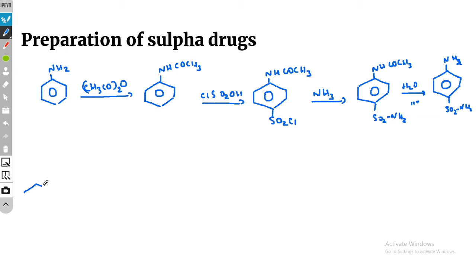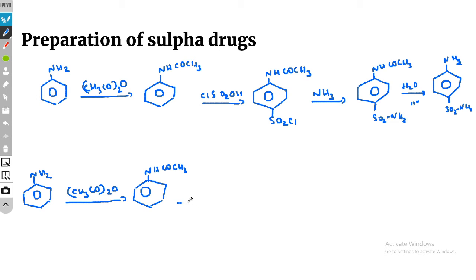First of all, we start with the same precursor, aniline. Then it is treated with acetic anhydride, (CH3CO)2O. Then acetanilide is formed, NHCOCH3. Then it is treated with ClSO2OH.